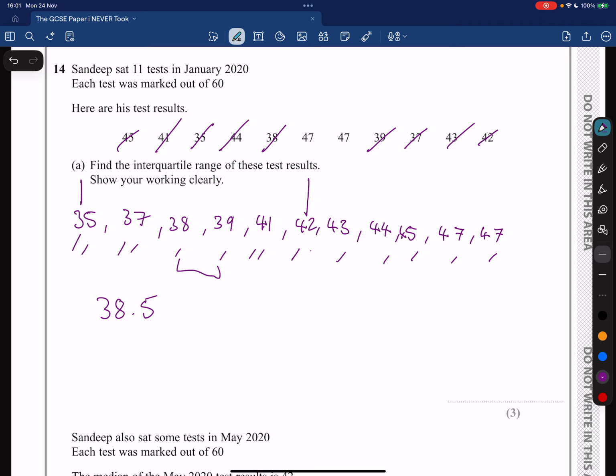So 44.5, between 44 and 45 is 44.5. Then the range will be 44.5 minus 38.5, equal to 6. That's my answer. But we'll come back to this. Let me star it.